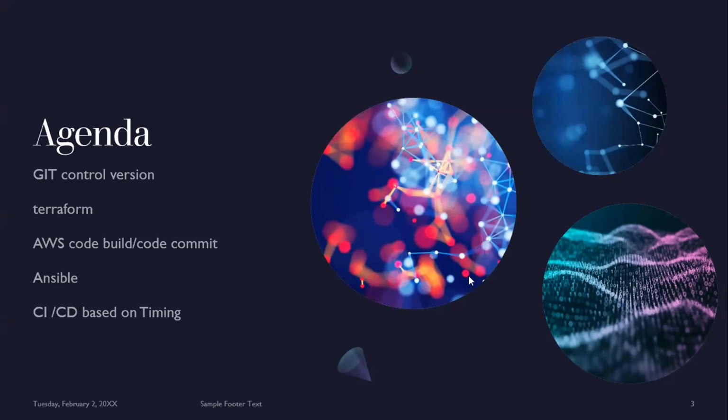Now, where are we building this Git version control? We are using AWS CodeCommit, and we will also discuss AWS CodeBuild. Simple thing: AWS CodeCommit and Git are the same thing. But why are we discussing it in AWS? Because, as I said, we are not using on-premises infrastructure, neither are we using VMware.